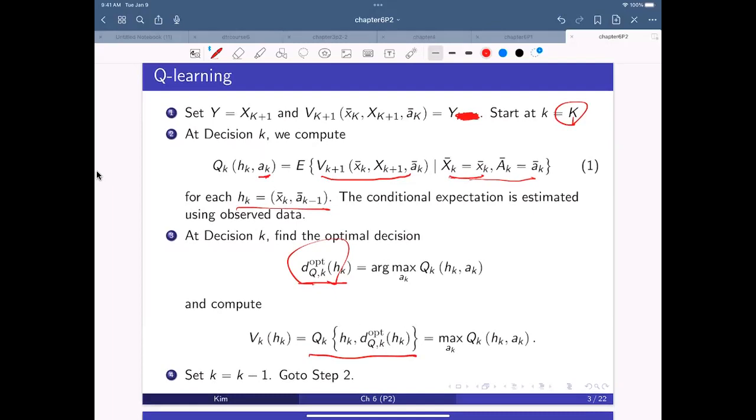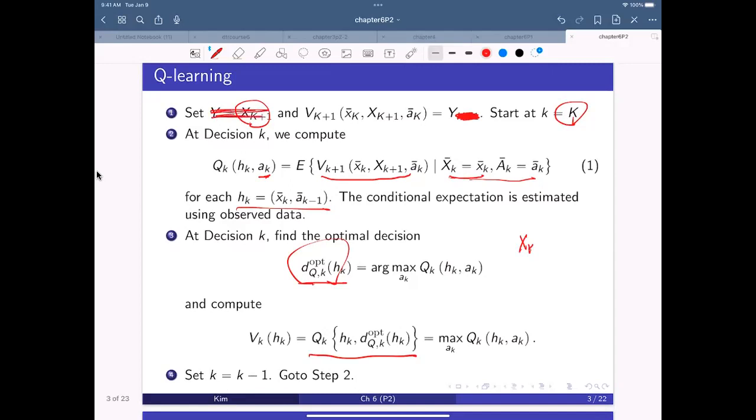I'm sorry. Are you talking about number 2 or number 1? Okay. And then the output of 3 plus 1 equals Y. So there's no actually X_K plus 1, right?